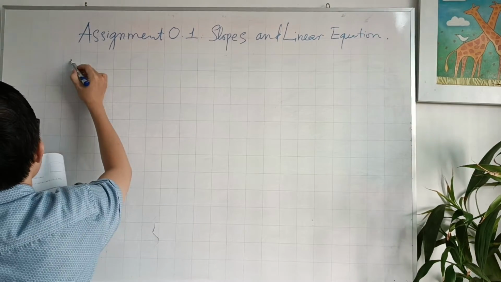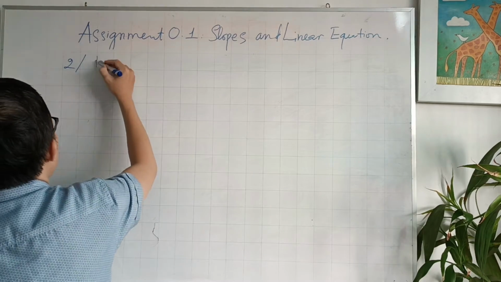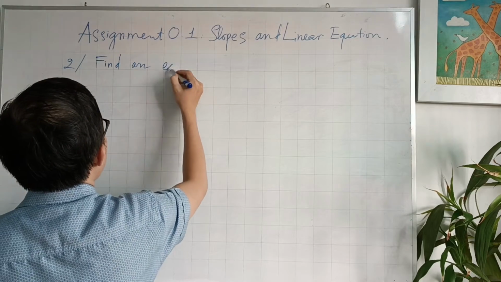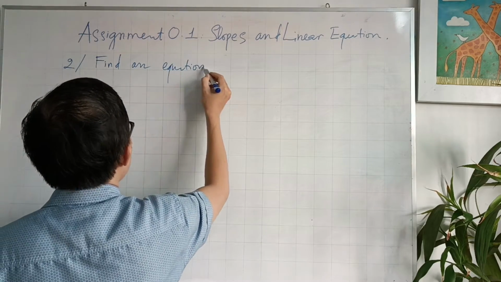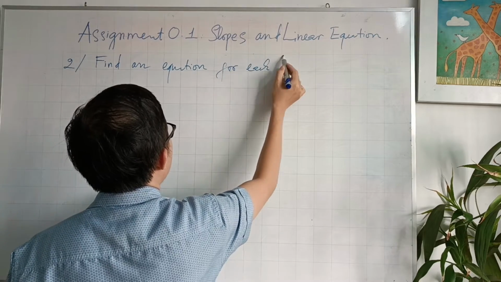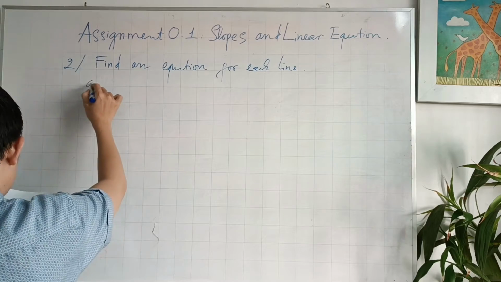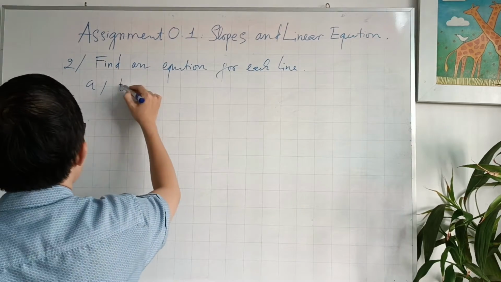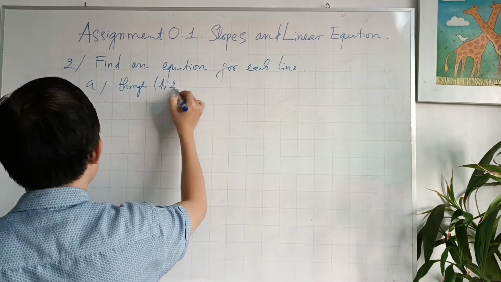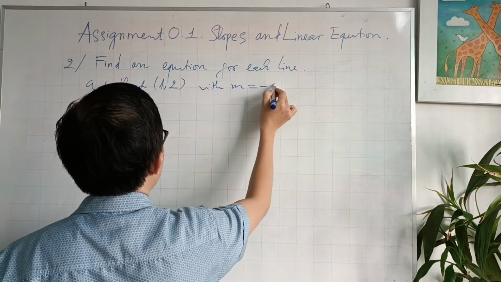Exercise number 2. Find an equation for each line. Question A: through (1, 2) with slope m equals -2.